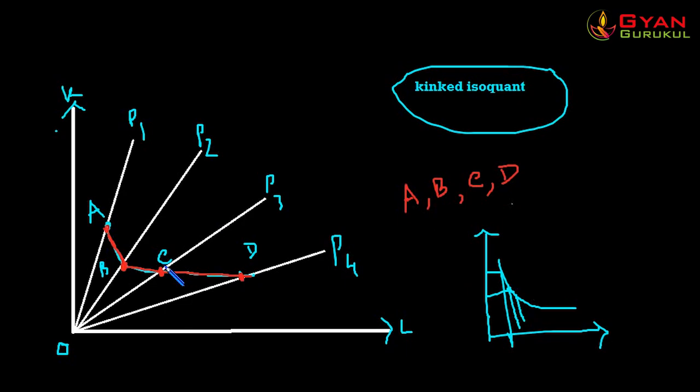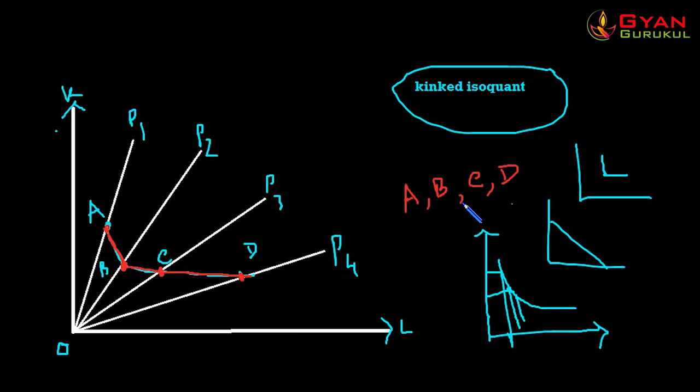So what are the four types of curve we got? For continuous substitutability, we got this convex shape isoquant. For perfect substitutes, we got this kind of isoquant. For perfect complements, we got this type of isoquant, where production is possible at only this point.